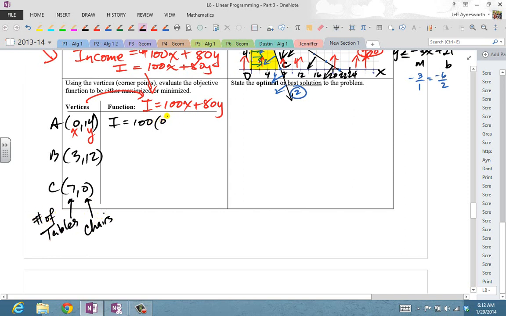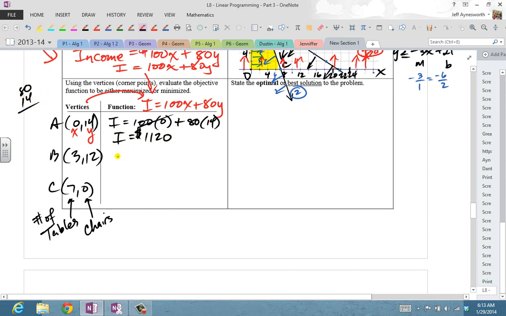So 100 times 0 plus 80 times 14, that'll give us our income for the first corner point. Now that's 0. We got 80 and 32, 112 with a 0. Alright, 1,120 here. So multiply 80 times 14. Just do it in the margin, 80 times 14, and go for it.